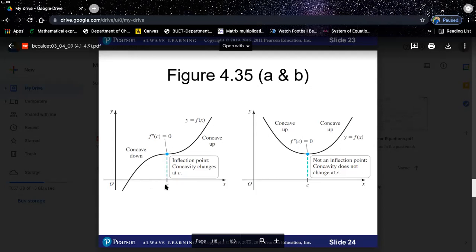So if you consider this point C, before this, it was concave down because even though it was positive, it was slowly getting decreased. Otherwise, it can't be 0 somewhere all of a sudden. So if your first derivative, the slope of the tangent, in other words, is getting decreased as you're moving to your right, then we know it's concave down.